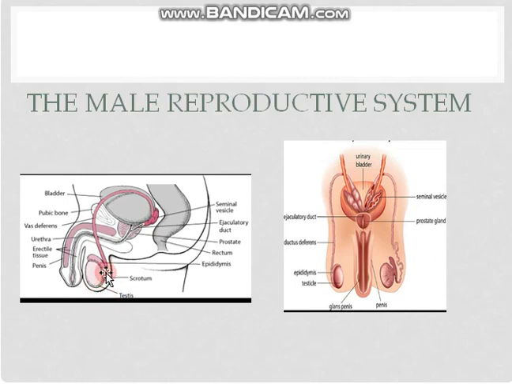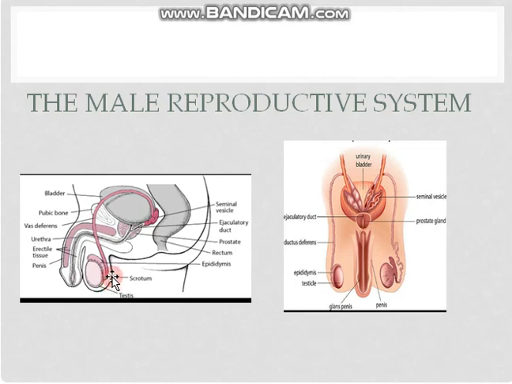Then we have the epididymis, which is lying on the testis. It stores sperms temporarily and produces secretions that keep the sperm alive. That is the function of the epididymis.